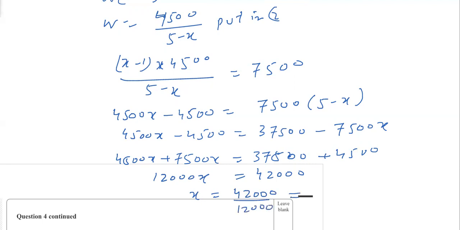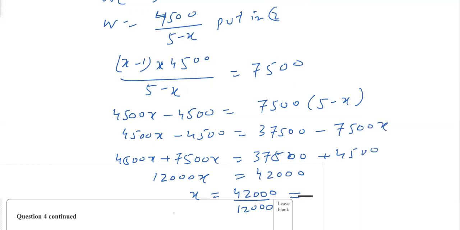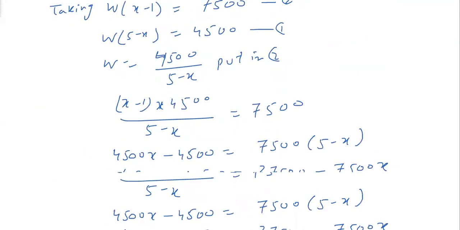Dividing by 1000, we get 3.5 meters. So x will be equal to 3.5 meters. That is the complete answer of this question.